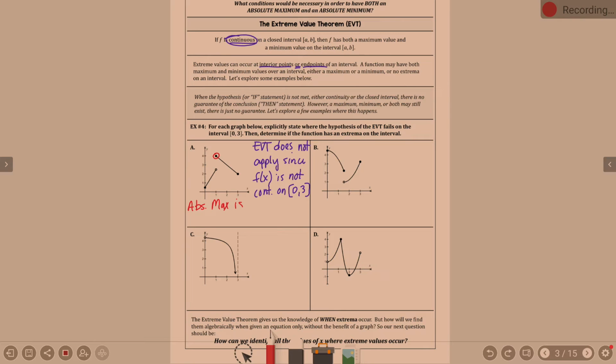Absolute max is 4 at x equals 1. Where's the absolute min? 0.5. Sounds like a good estimate to me. Absolute minimum is 1/2 or 0.5, and that is at x equals 0. And yes, we're guesstimating on a few of these, but we'll go with it.